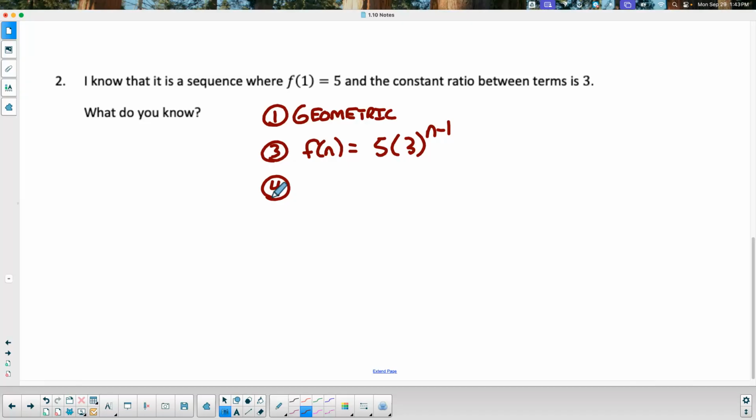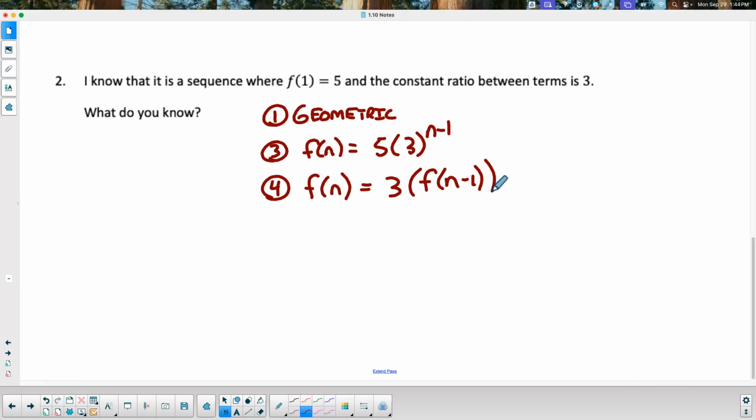F of n equals 3 times f parentheses n minus 1. So if you said this one was f of n, what would you say the other one was then? If this one is f of n, how do I say this one?